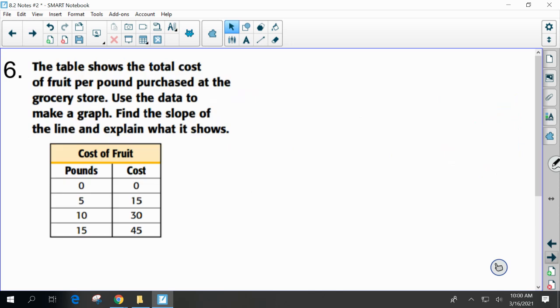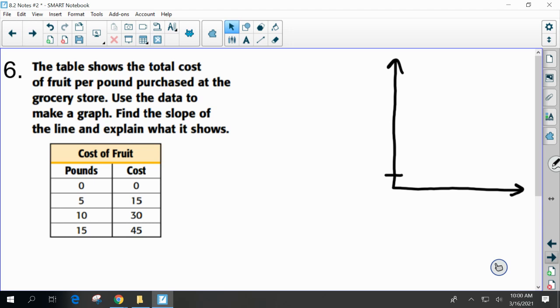Number 6, the table shows the total cost of fruit per pound purchased at the grocery store. Use the data to make a graph and find the slope of the line and explain what it shows. These are all positive numbers, so we can just graph in the first quadrant. What are they all multiples of? 5.